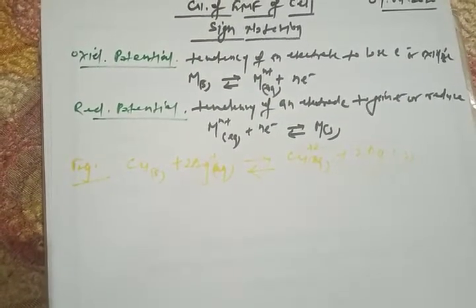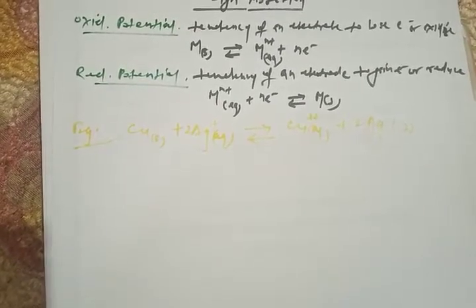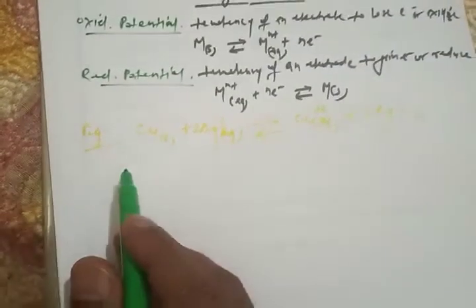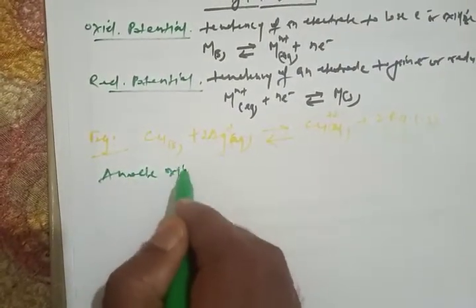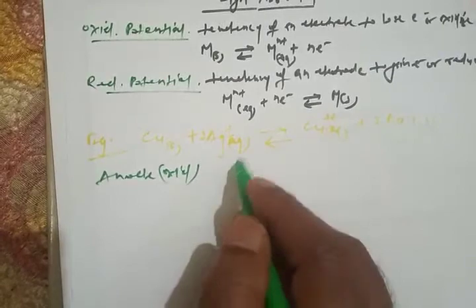So first of all, we should know what the half cell reactions are. I mean to say where the oxidation occurs and where the reduction occurs. So half cell reactions for this complete reaction will be what? At anode, oxidation takes place.